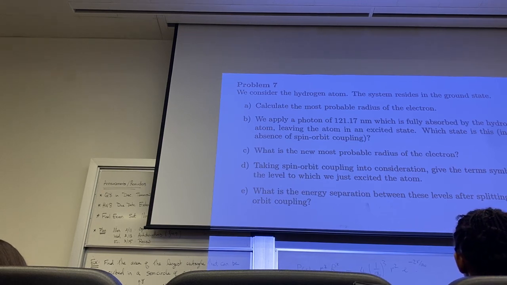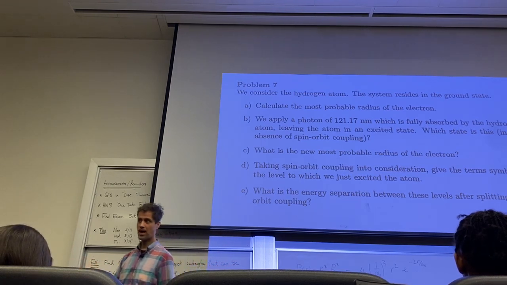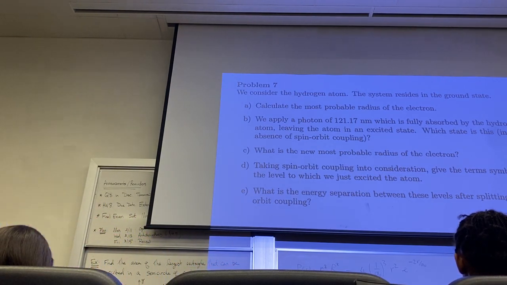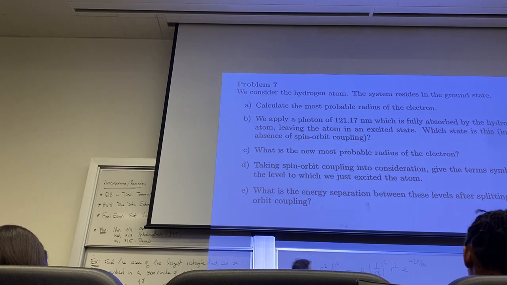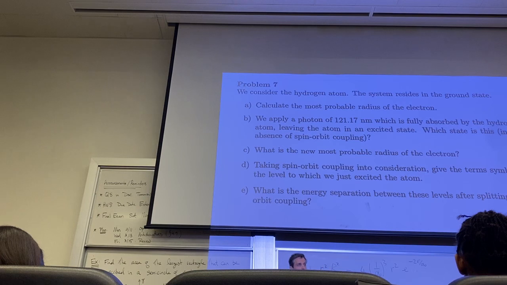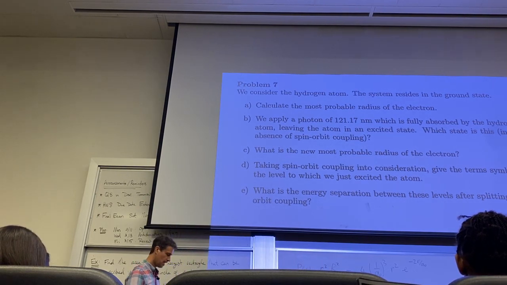My task is to take the derivative of this guy and then set it to 0, find the roots. So I have to use my abilities to take a derivative of a function that is composed of two things that depend on r. There's r squared and this decaying exponential. And so I have to use the product rule for taking the derivative.